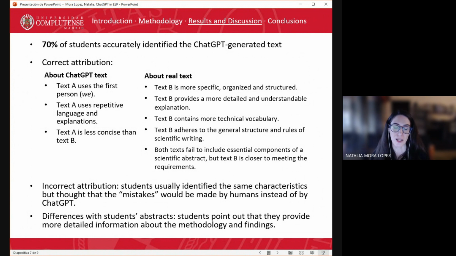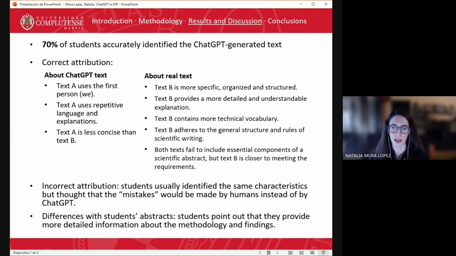And also students were asked about the differences between their abstracts and the ones that ChatGPT had written, because they carried out some research and they had to write a paper and then a poster. So they were asked to compare their own abstracts and ChatGPT's.